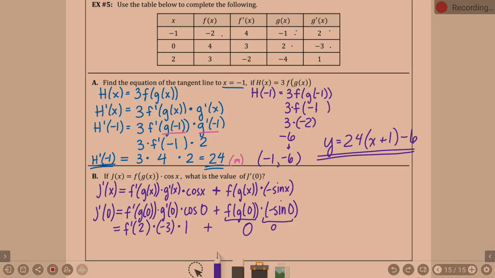It just saves work. I get it. f prime of 2 is negative 2. So negative 2 times negative 3 times 1 is 6, plus 0, which is indeed 6. Hey, at least it cleaned up nice eventually.